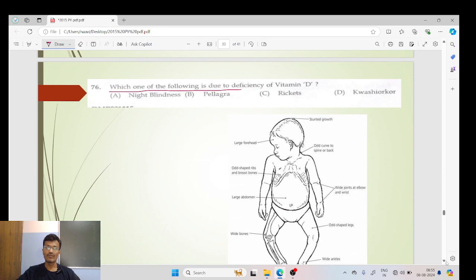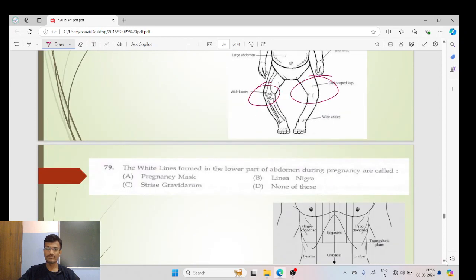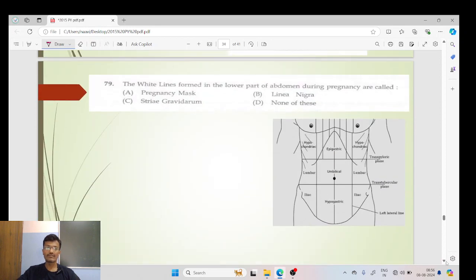Which one of the following is due to a deficiency of vitamin D? The answer is rickets. So these are the deficiencies. The white line formed in the lower part of the abdomen during pregnancy is called linea nigra.